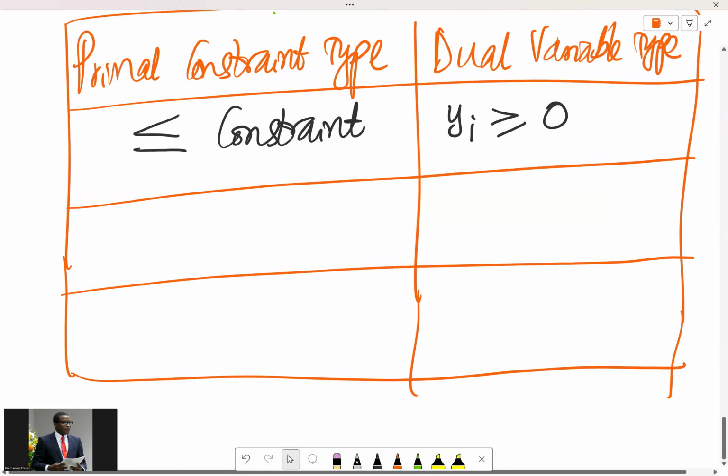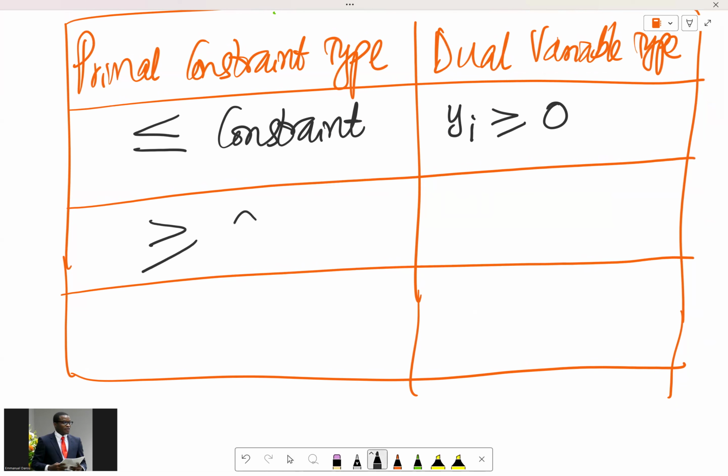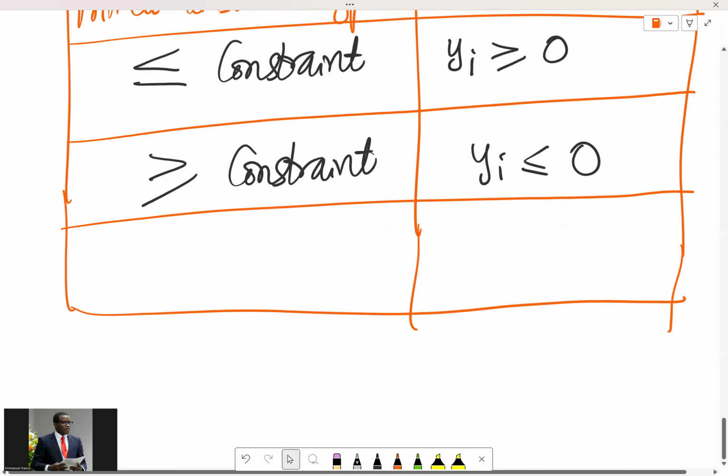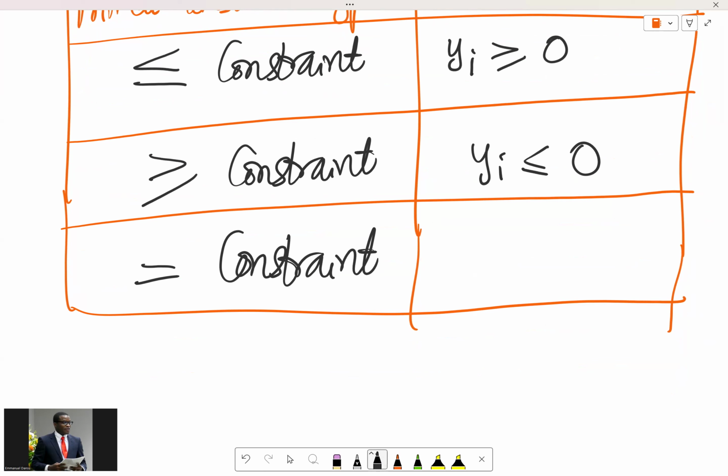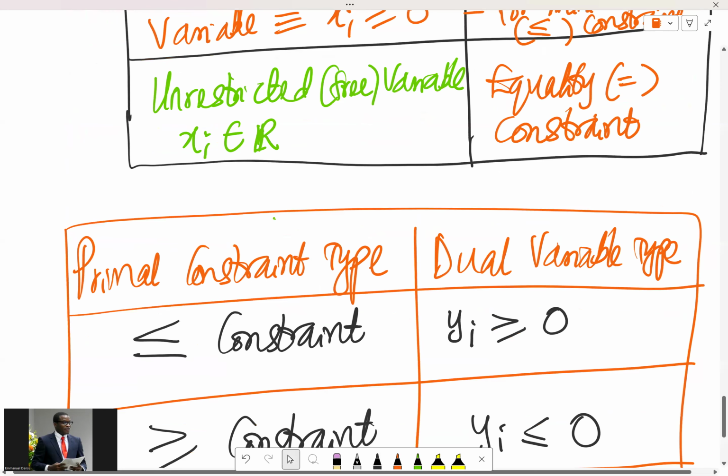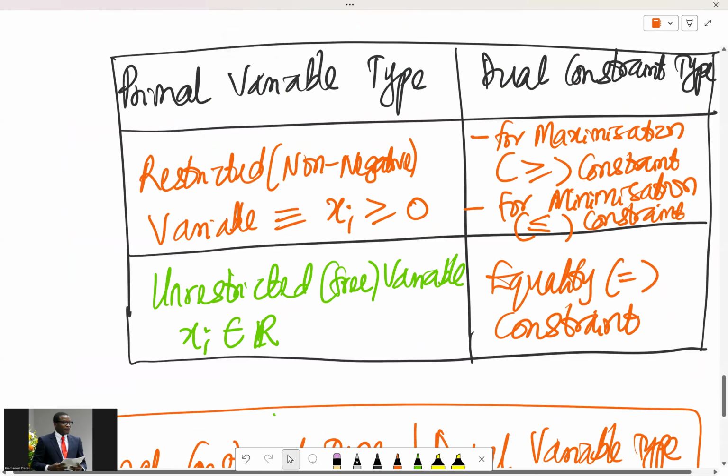Another case: if the constraint is a greater than or equal to constraint, that is simply going to lead to a less than or equal to variable. And lastly, an equality constraint in the primal is going to lead to an unrestricted variable. So your yi here is going to be unrestricted, meaning it can take positive or negative values. That's basically what this is about.